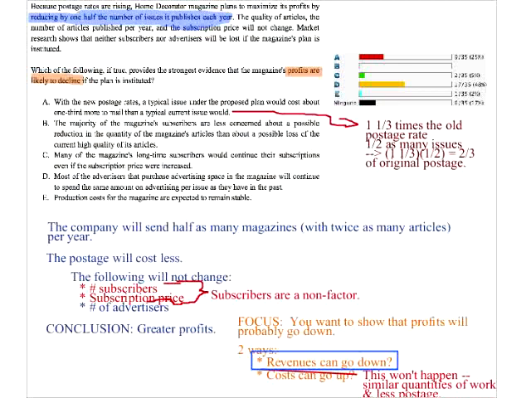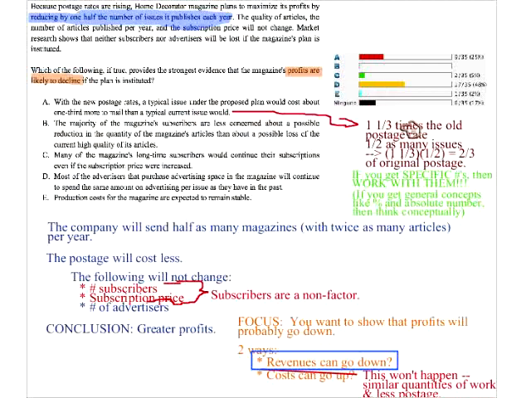So if you get general concepts like percent and absolute number without getting specified values, then you want to think conceptually. But if they hand you specific numbers, then by all means, go ahead and do a couple of quick calculations and see what happens. So you have half as many issues.